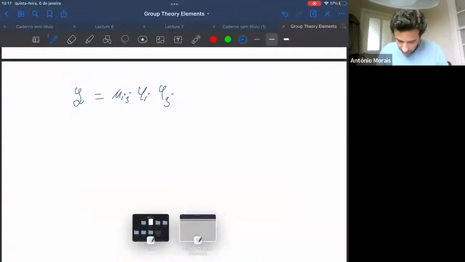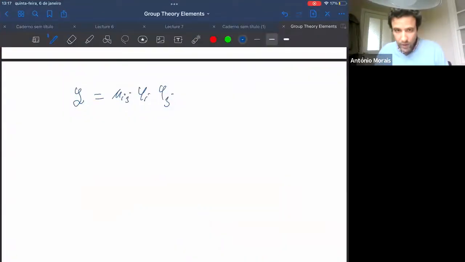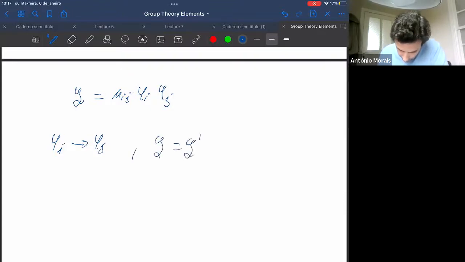If this is a Lagrangian with phi i phi j, only a mass term, and I tell you that there is a symmetry where phi i goes to phi j, then you need to make L equal to L prime, such that mu ij phi i phi j has to be equal to mu ij prime phi i prime phi j prime.